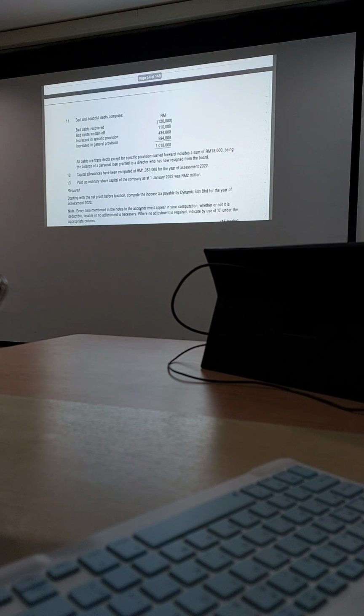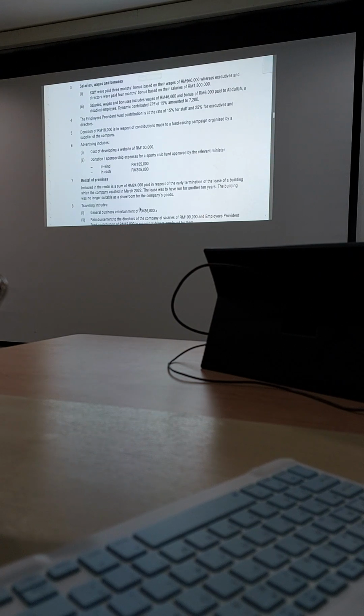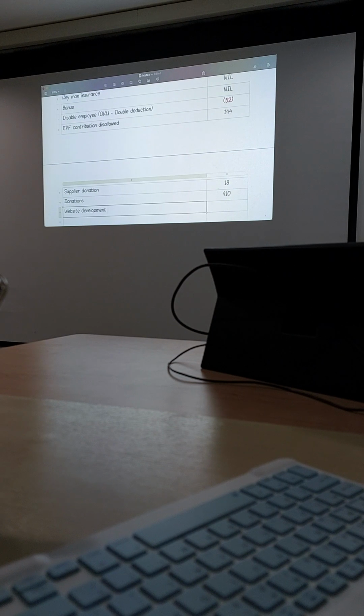Check this out. Just make a note, the website development. Is it R&D, sir? It is a special deduction. So 1 over 5 is allowed as special deduction. The balance is not allowed, so you add back.